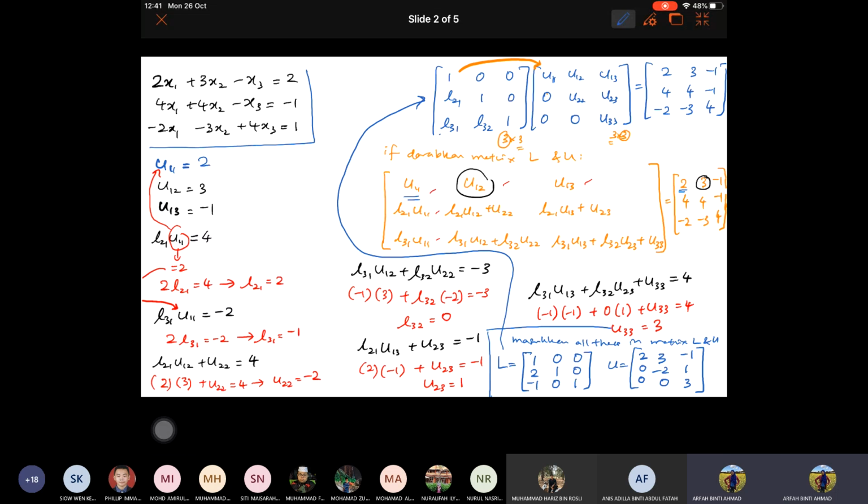Negatif 1, 1, 3, negatif 2. Okey, betul. Okey, so itu adalah matrix L, itu adalah matrix U. Semua boleh, okey, saya bagi masa untuk awak tengok balik, copy balik, sebelum kita proceed with the last 2 step of the Gauss elimination.